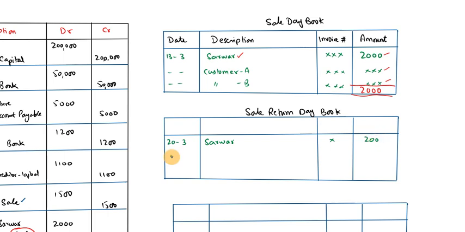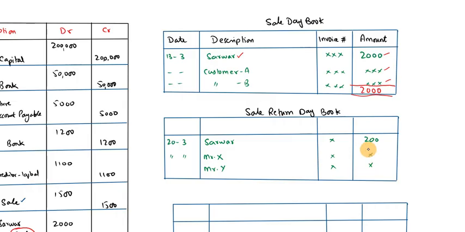If we have another person who returned goods to the business, for example Mr. X, we will record Mr. X's amount here. And maybe Mr. Y also returned goods to the business, so we will record the transaction of Mr. Y as well.